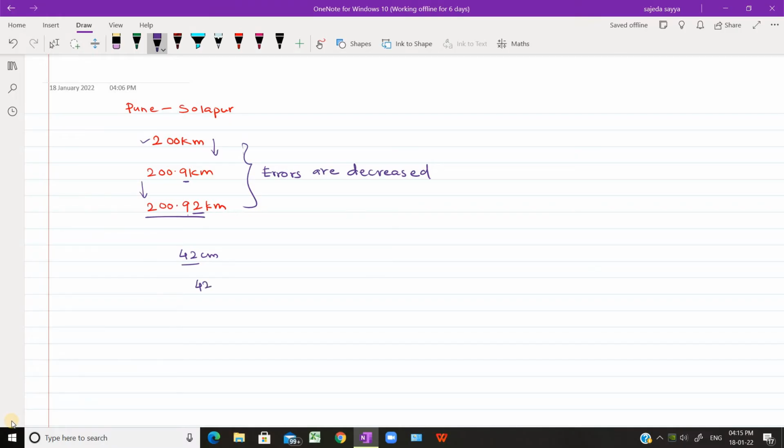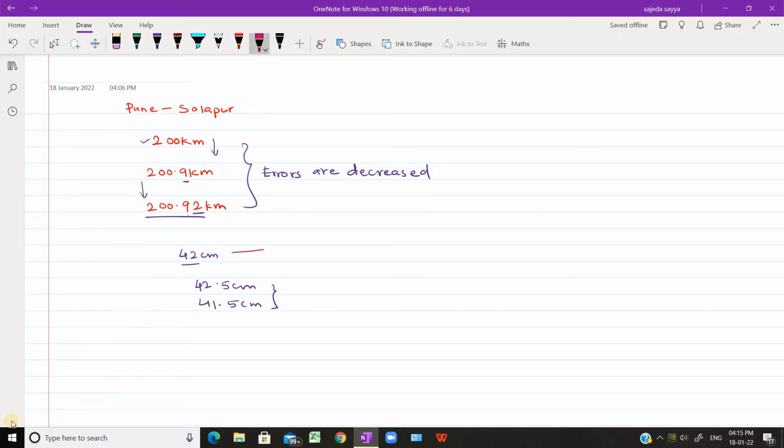Suppose the tailor has made a kurta with a height of 42.5 centimeters, or a kurta with a height of 41.5 centimeters. In both cases we say that this much error in the measurement is okay.